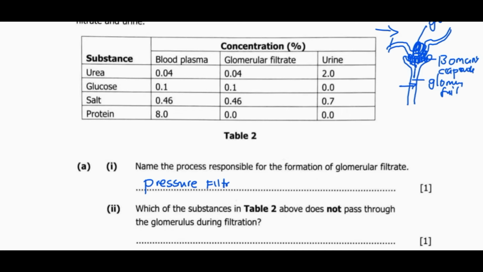Sometimes you may find it as ultrafiltration. It's the same. Why do we have pressure? For substances to move from the glomerulus into the Bowman's capsule, there should be that squeezing, that pressure that forces the substances to fall into the Bowman's capsule.